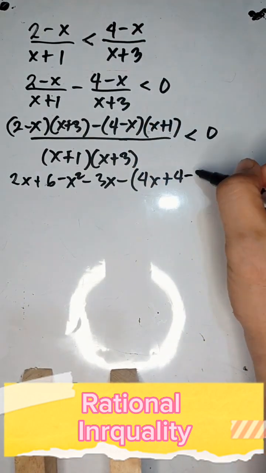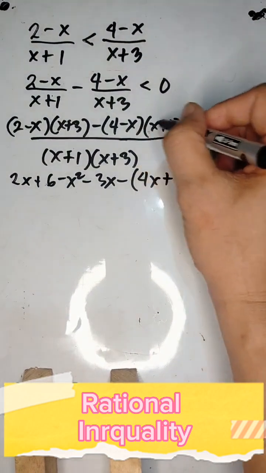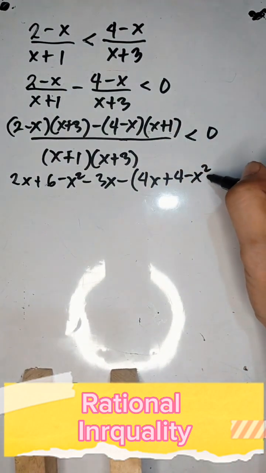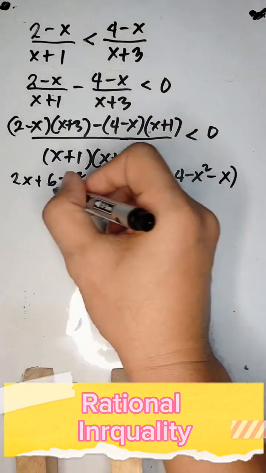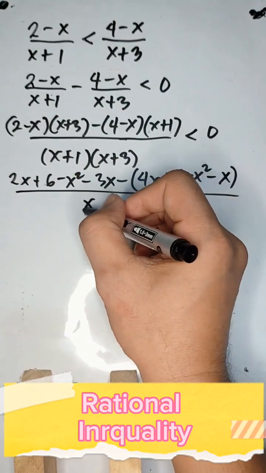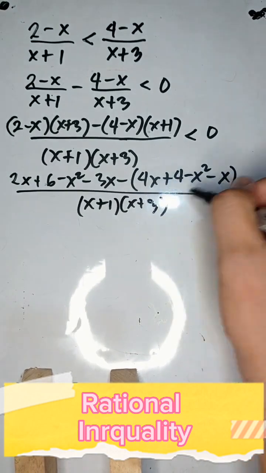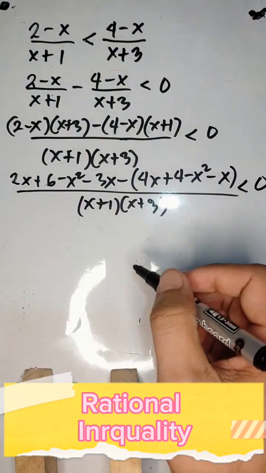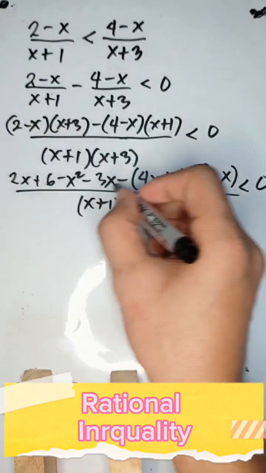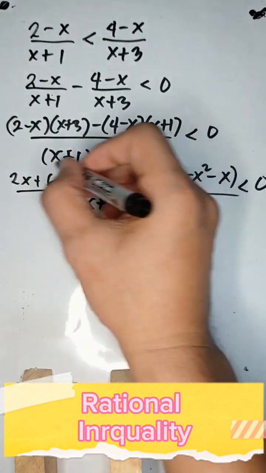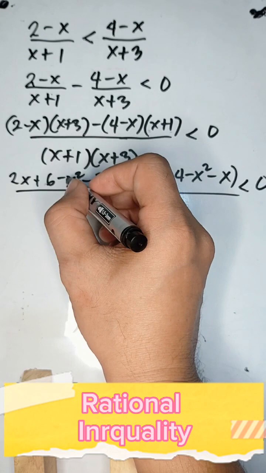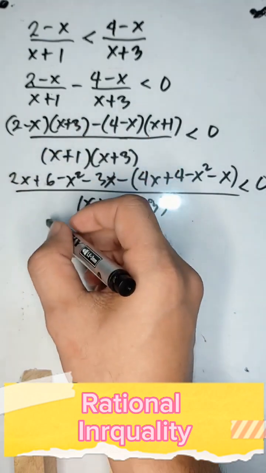Negative x is negative x. Negative x squared. Negative x times 1 gives us negative x, all over (x plus 1)(x plus 3) less than 0.